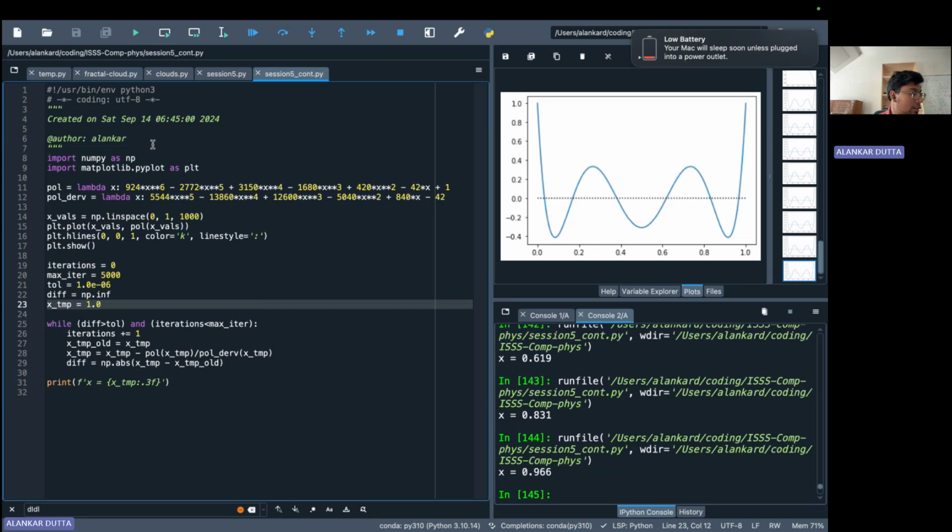The nice thing about Newton-Raphson is that you do not need two values, just one value, and that is good enough for you to find the solution. And this is how this works.